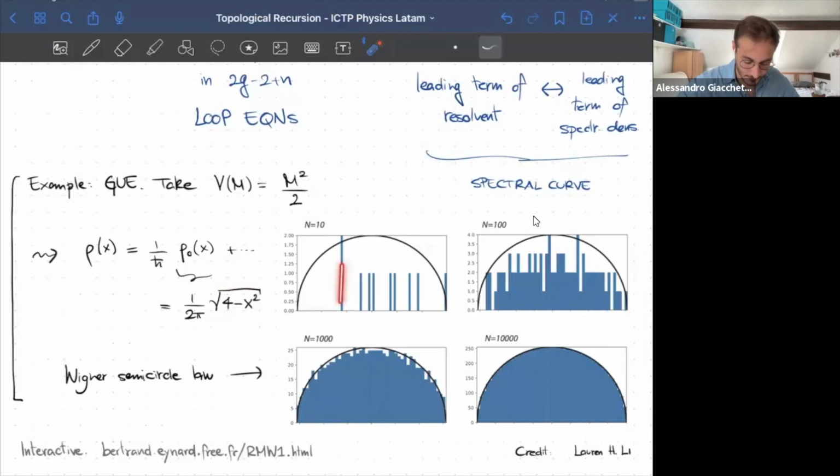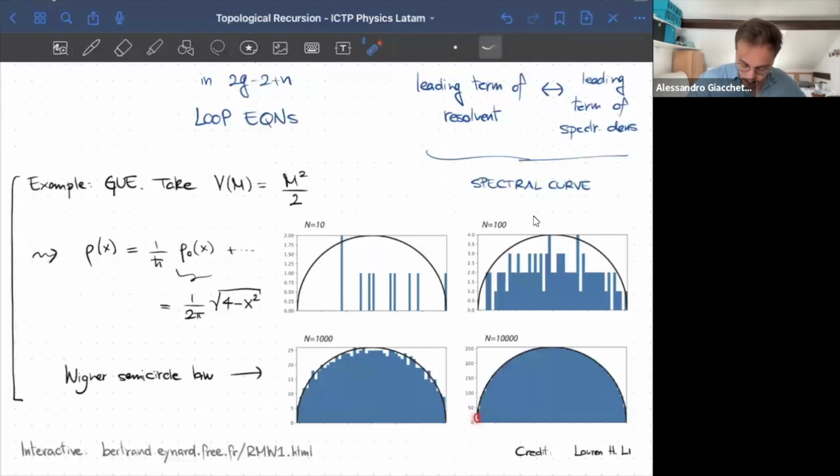So this is the spectral density, the location of the eigenvalues, and when n is very large, you can see that they follow a semicircle. This is known as the Wigner semicircle law.